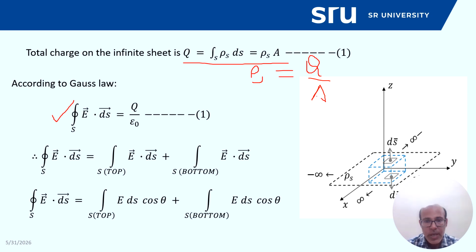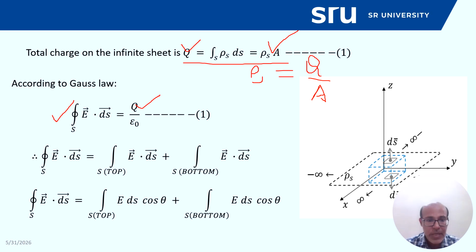Okay, so it's as simple as charge density is equal to charge by length in the previous case, here charge by area. If you have volume charge, then charge by volume. So in this case, it's only area because it's two-dimensional. So that's how we have written Q is equal to rho s into A. So wherever this Q is there, we can now write rho s into A.